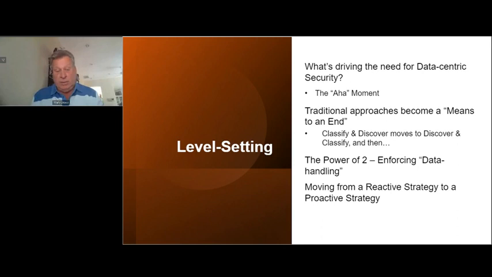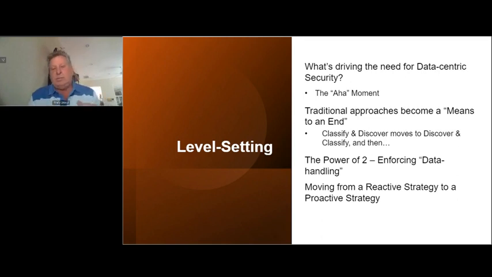So if I don't have a perimeter, what are my options, right? And when we extend that to external collaboration, even if we try to perform certain things to protect and secure our data, by design we're sharing sensitive data just to get our job done. Traditionally we have approaches that are a means to an end. We looked at classifying data and then discovering.